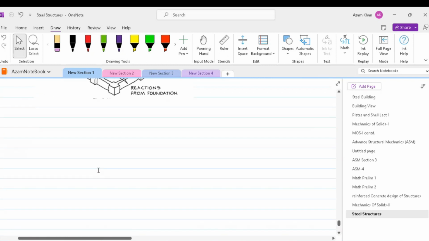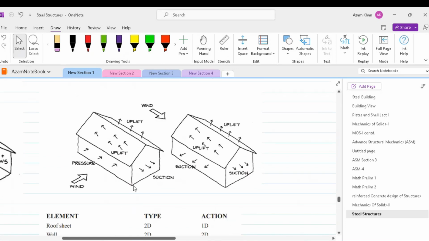Now we will discuss the transfer of lateral loads. As we said, the lateral loads are normally transferred in orthogonal directions. The lateral load is carried by the roof sheeting and the wall claddings.